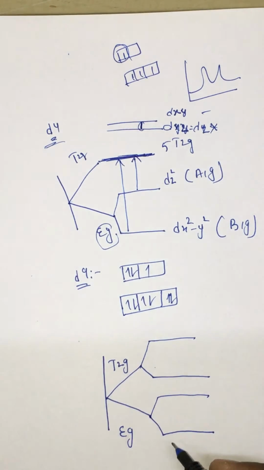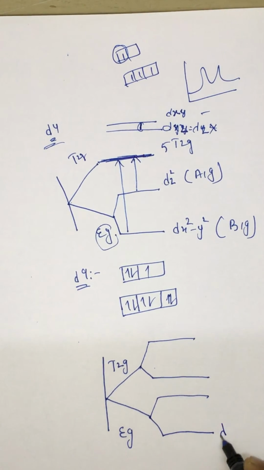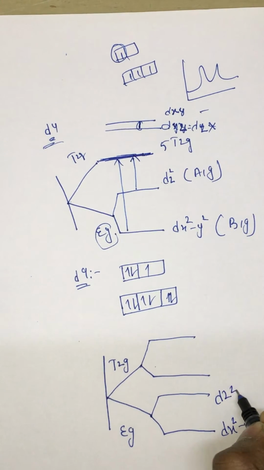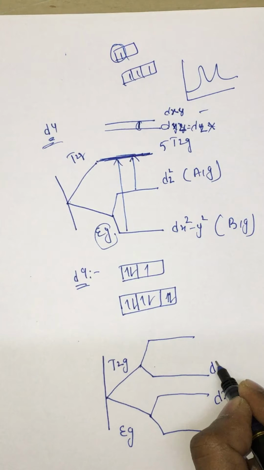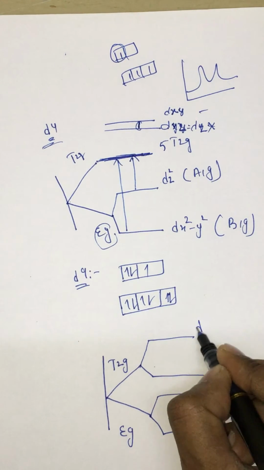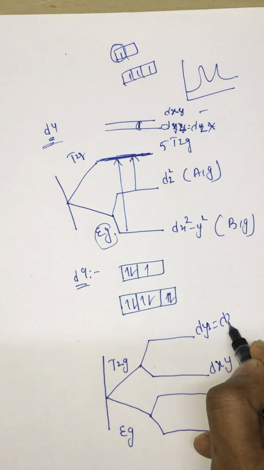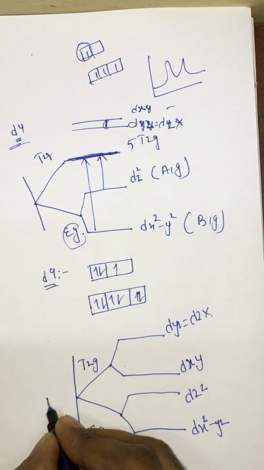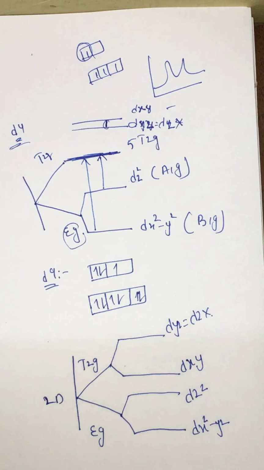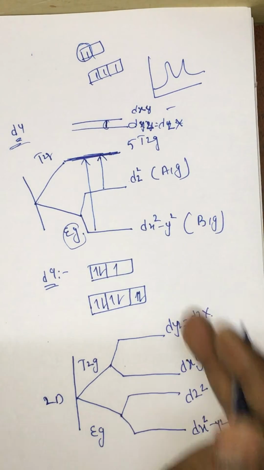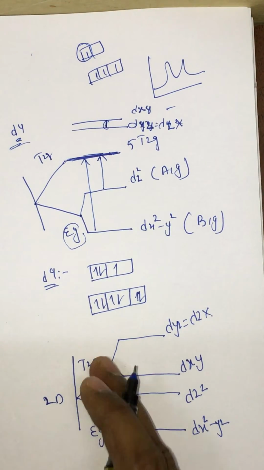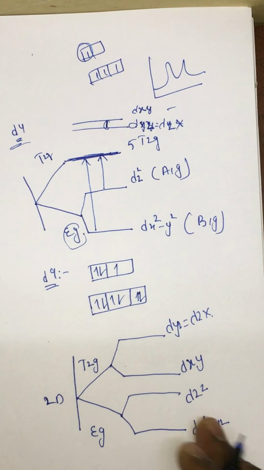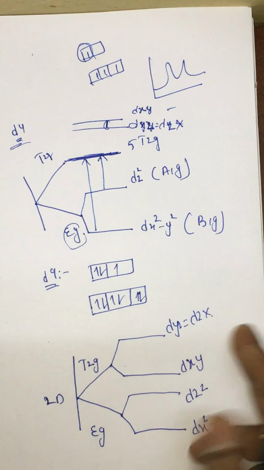So this will be dx square minus y square, dz square, dxy, dyz, dzx. For d9, this is a 2D term. Because of the unsymmetry in the Eg orbital, both the terms T2g as well as Eg further split into dx square minus y square and dz square, and dxy, dyz, dzx.